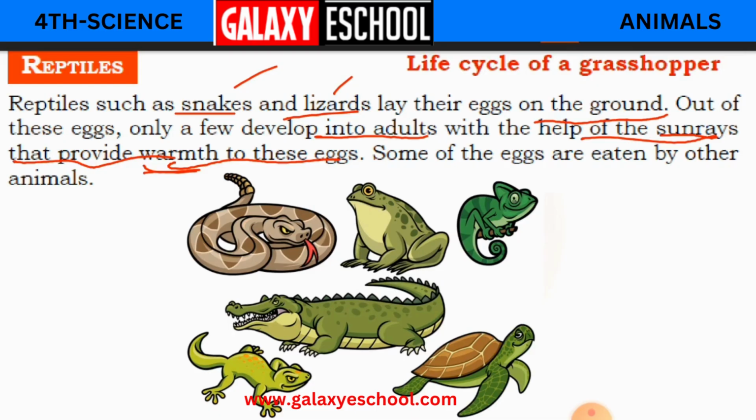And what happened to the other eggs? We said only very few develop into adults. But what happened to the rest?